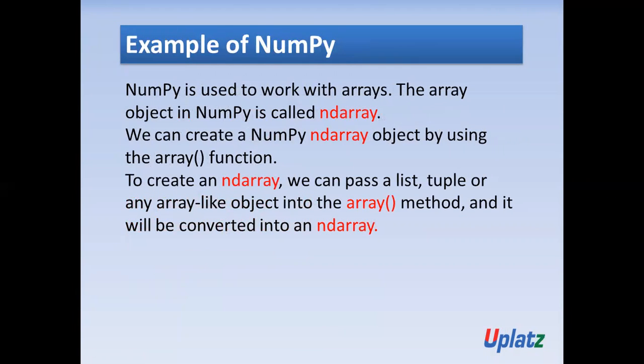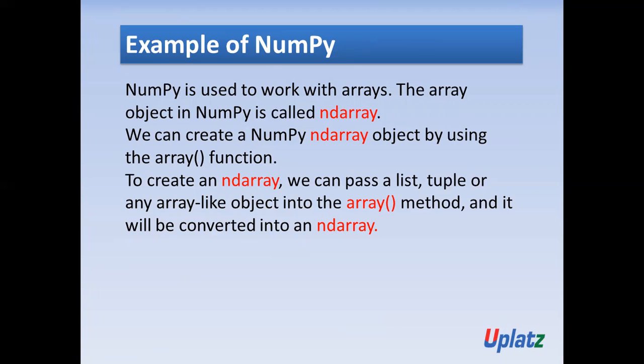Example of NumPy. Till now we have just installed the NumPy library in our system. NumPy is used to work with arrays. The array object in NumPy is called ndarray.